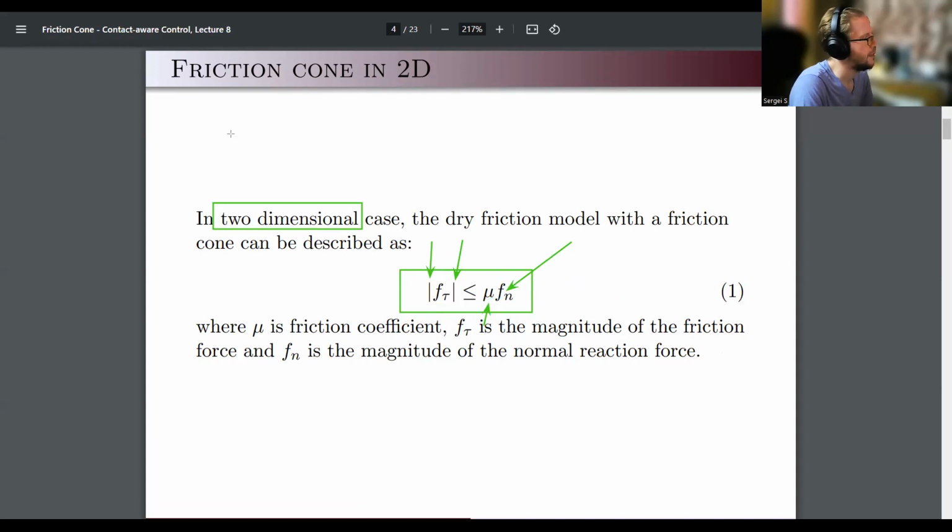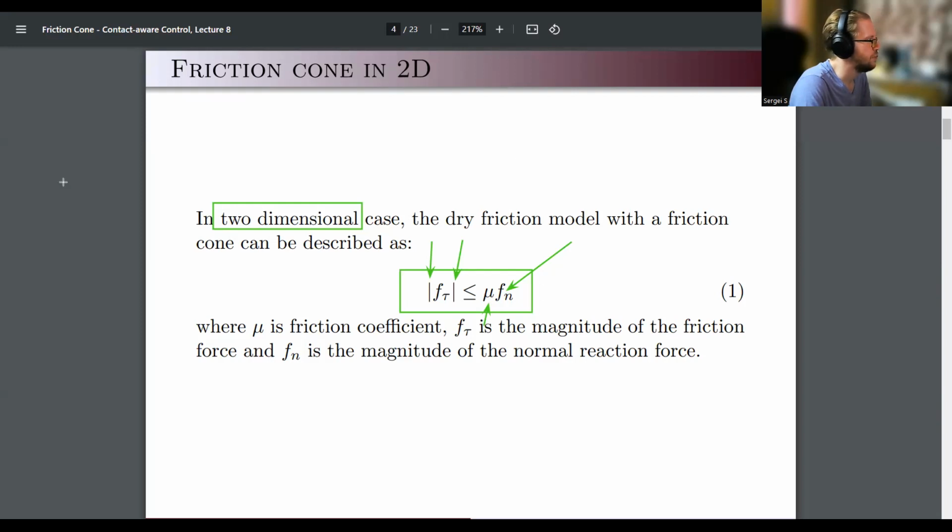Since all of those are scalars, and it is an absolute value, we could replace it with two inequalities. Absolute value for a scalar can always be replaced with two inequalities.